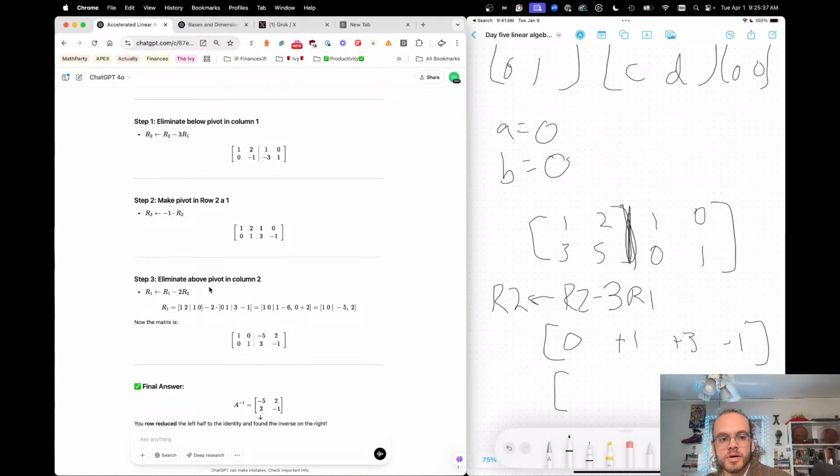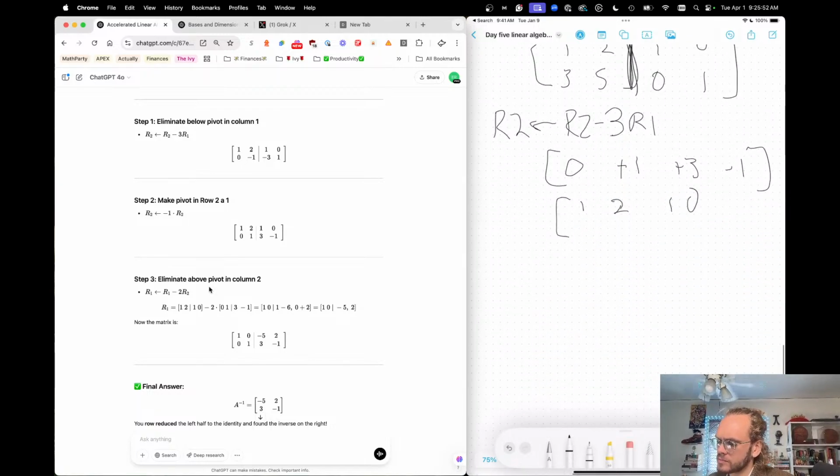I need to eliminate above the pivot in column 2. Yeah, so to do that, well, first I'll write this new matrix right here. 1, 2, whoops. 1, 2, 1, 0. And 0, positive 1, positive 3, negative 1.